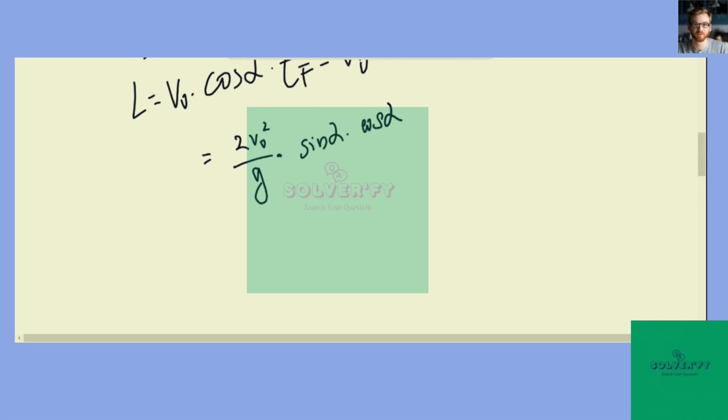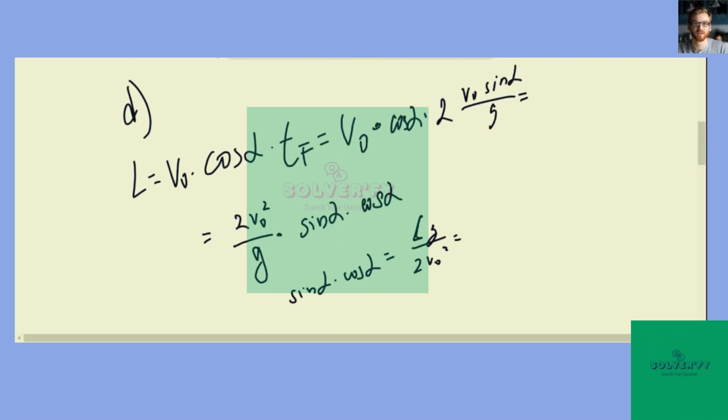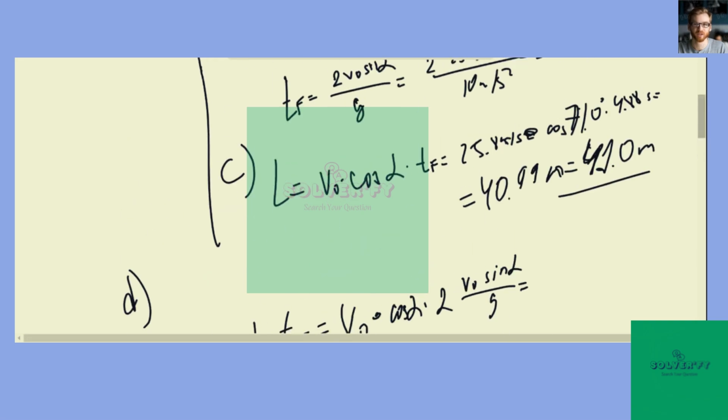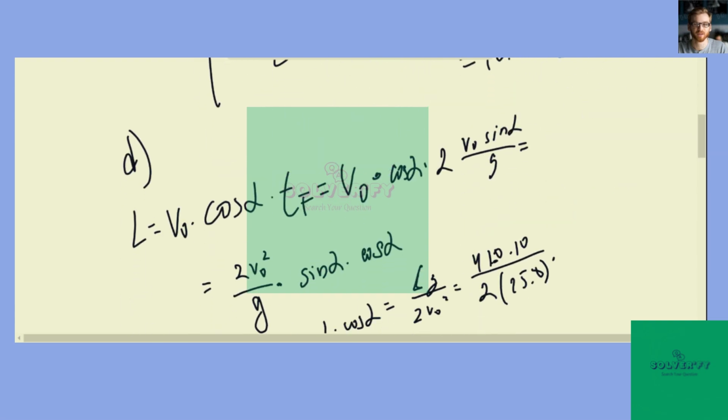So let's see what it equals to. Sine alpha times cosine alpha equals L g over 2 v0 squared, or it equals 41.0 times 10 divided by 2 times 25.8 squared. Let's calculate this number.